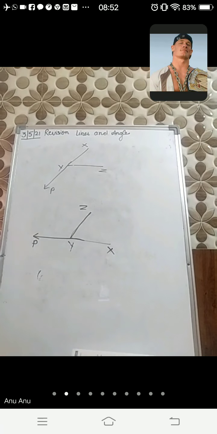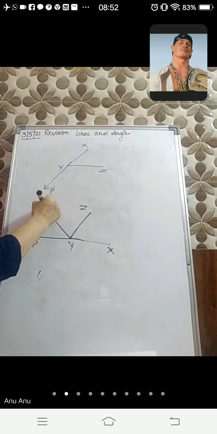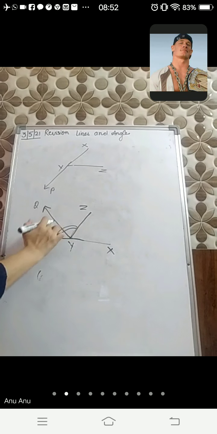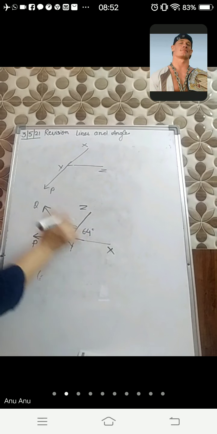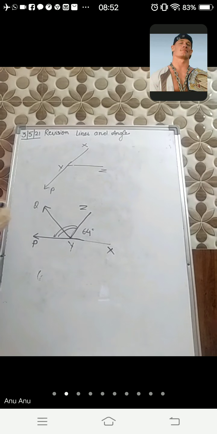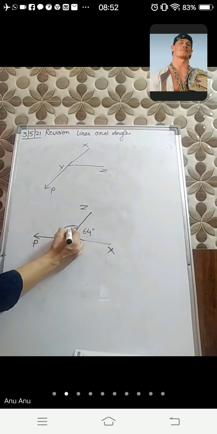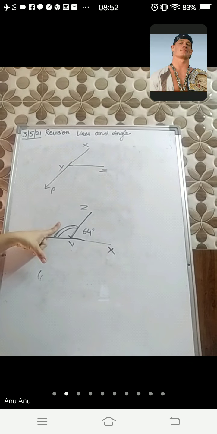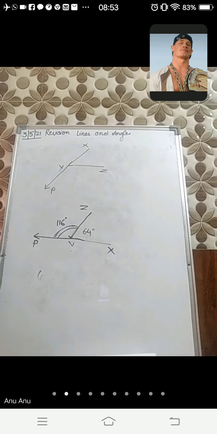Okay, both are correct. And one more thing is given. There is a ray YQ that bisects this angle. Bisect means these two parts are equal. This angle is given as 64. If this angle is 64, then the measurement of this other angle by the linear pair will be 116.